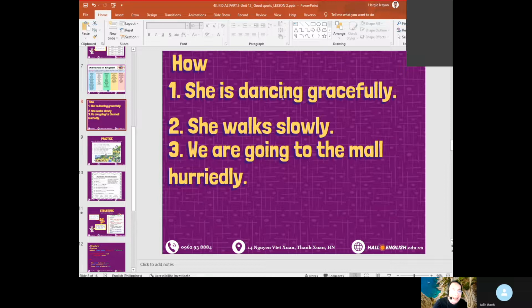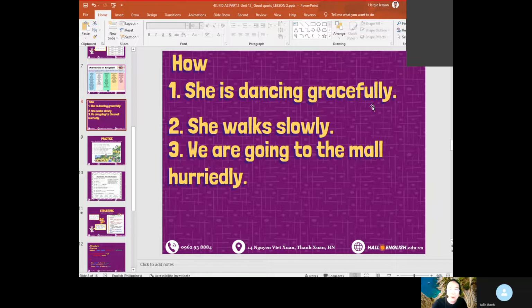When we say dancing, it's a verb. So how is she dancing? Gracefully. That's why the adverb describes a verb. Our verb in here is dancing, right? So what particular dance is she doing? It's gracefully. So therefore, the word gracefully in here is an adverb.